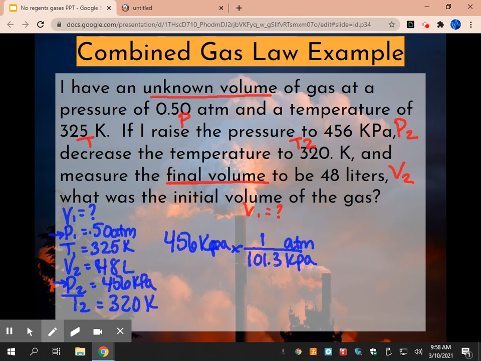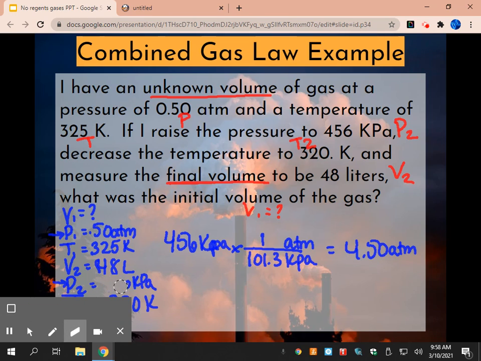So 456 divided by 101.3, and that gives me 4.50 atm. So I'm going to change my P2 value to match that. You could have done the opposite. You could have converted atm into kPa. Both work perfectly fine.